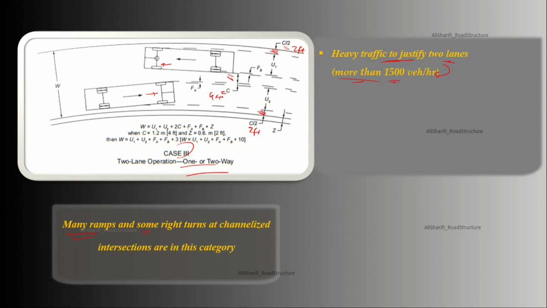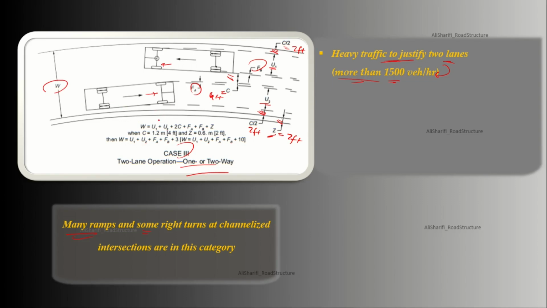We also have the Z parameter equal to 2 feet, and the front and rear overhangs are added, plus the widths of design vehicles while they are making their turns, altogether making up the needed width in this case.